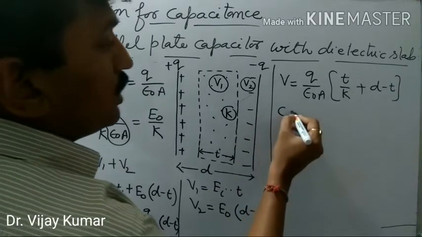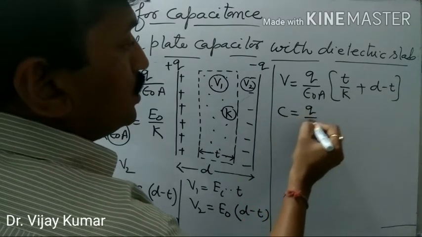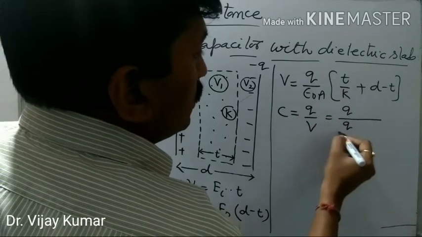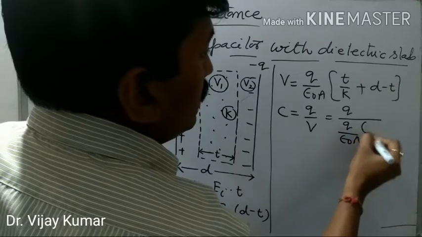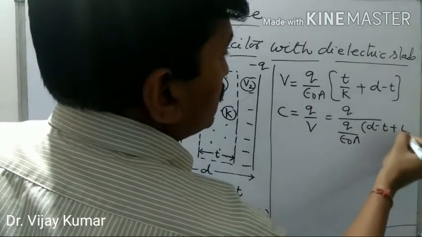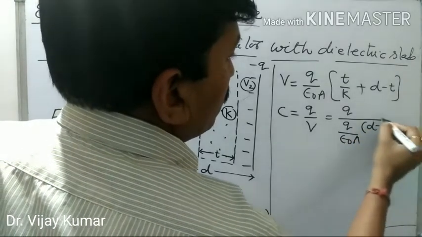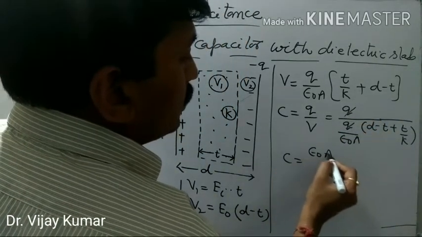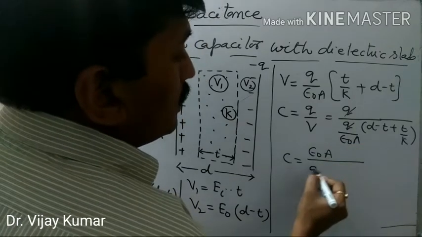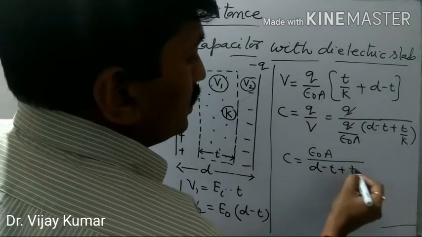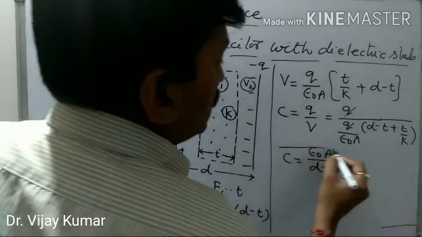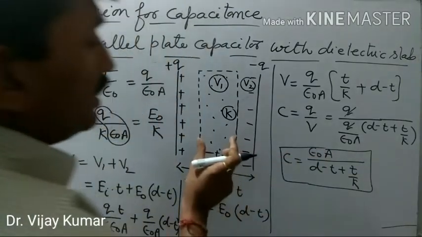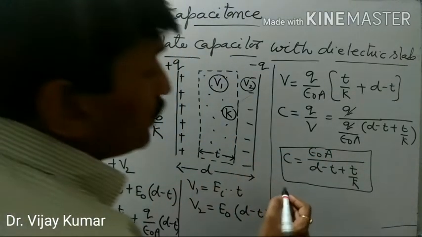And we want to determine the capacity, which should be Q upon V. Q upon V means Q upon epsilon naught A times (D minus T plus T upon K). Q cancels out, so C is equal to epsilon naught A upon (D minus T plus T upon K). This is the capacity of a capacitor when we partially fill the dielectric.